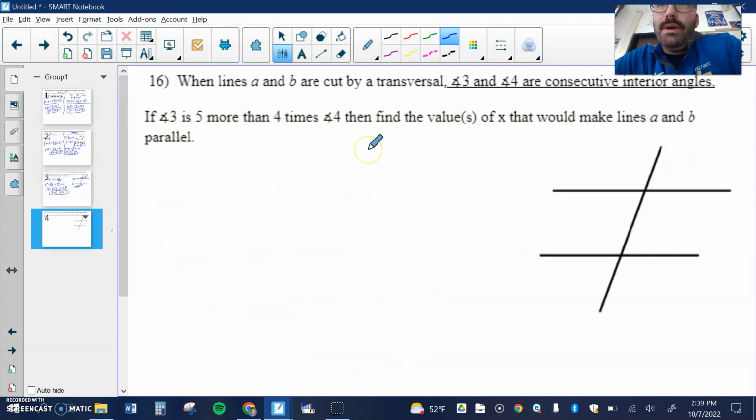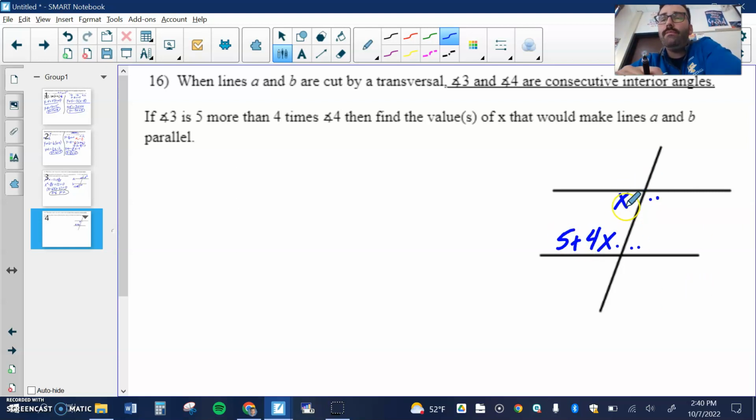It says A and B are cut by a transversal, and 3 and 4 are consecutive interior angles. So they go here and here, or here and here. Those are the only consecutive interior angles that I have. It says angle 3 is 5 more than 4 times angle 4. I don't know the measure of angle 4, but I know that it is 5 more than 4 times that measure.